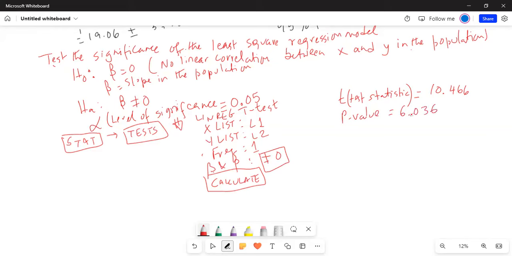A p-value cannot be greater than 1, so there has to be an E at the end, minus 6. That means the p-value is 0.000006. This is almost equal to 0. Compare with alpha 0.05. P is less than alpha. Decision: reject H0.